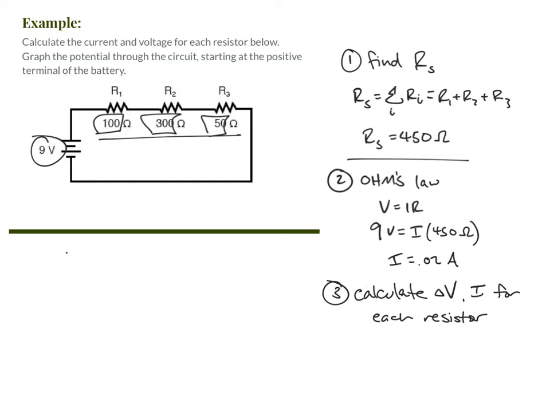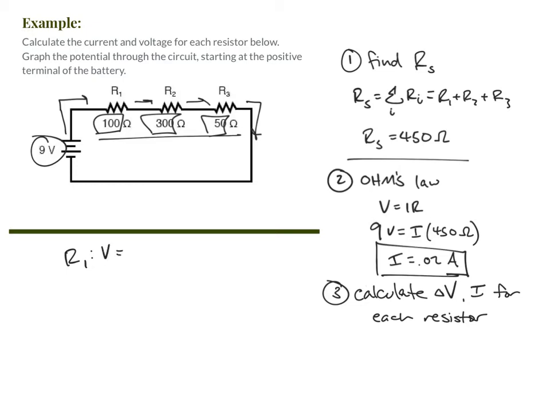So let's look at resistor number 1. The things we know about resistor number 1 are its resistance is 100, but we also know the current, because the current through the whole circuit has to be the same due to conservation of current. Everywhere in the circuit, the current is 0.02 amps.